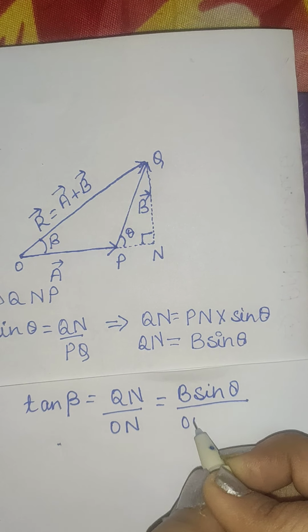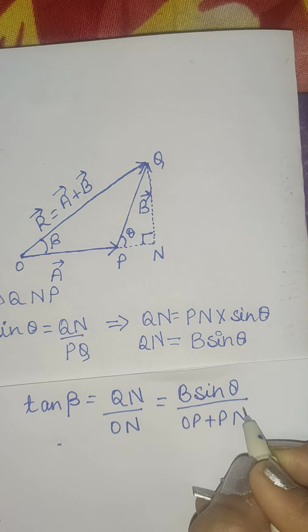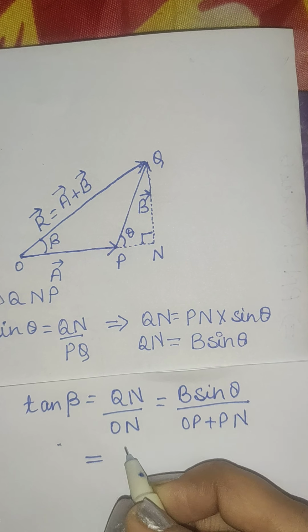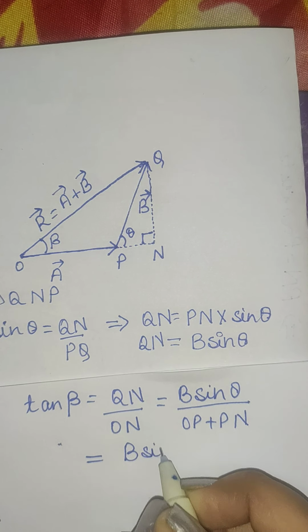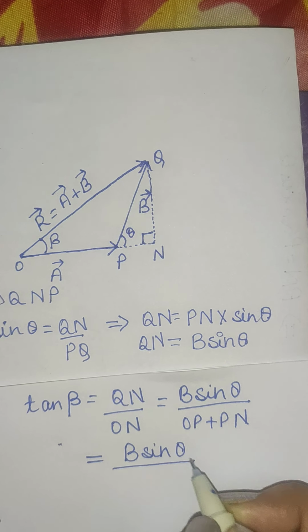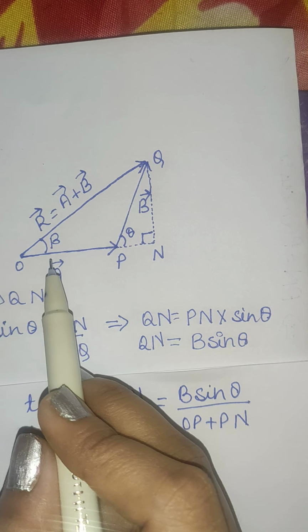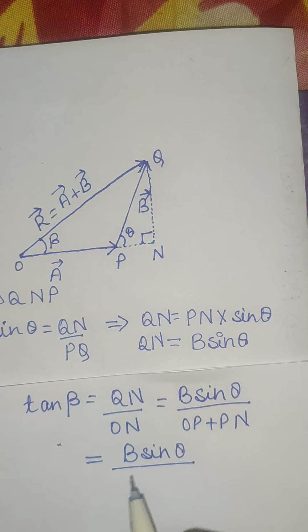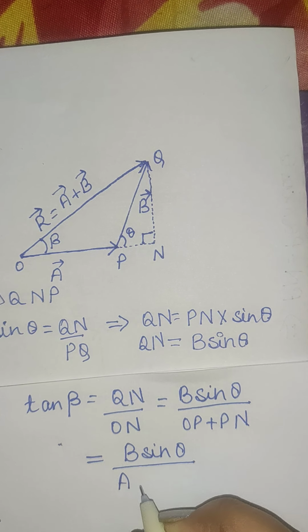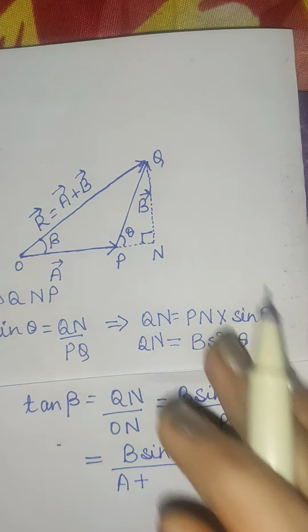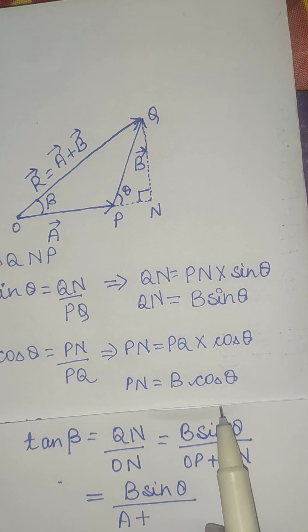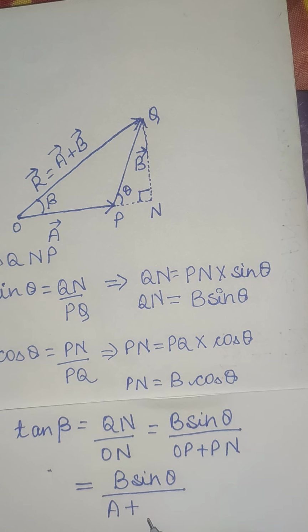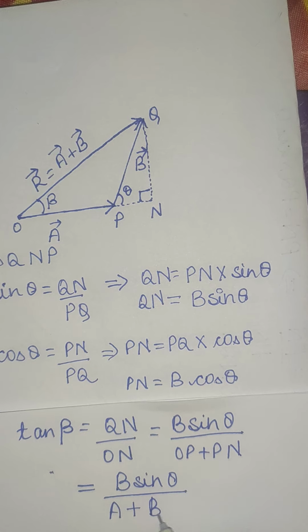Now in the numerator we have B sin theta, and in the denominator OP is nothing but my A vector's magnitude, so I'll write it as A plus, and PN is nothing but B cos theta.